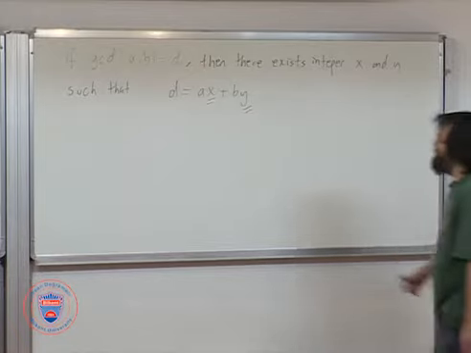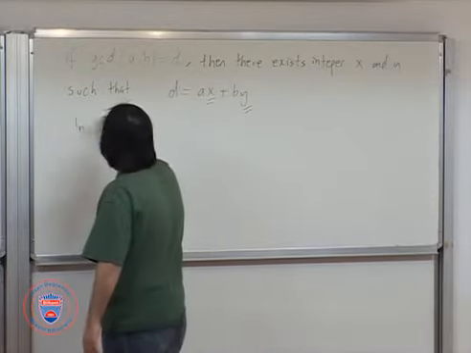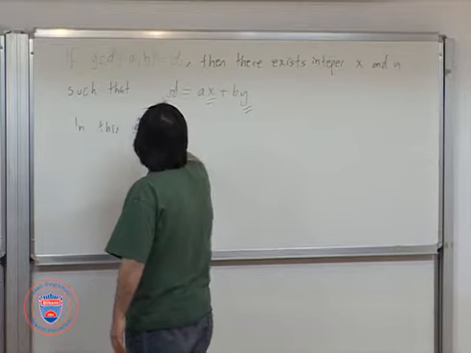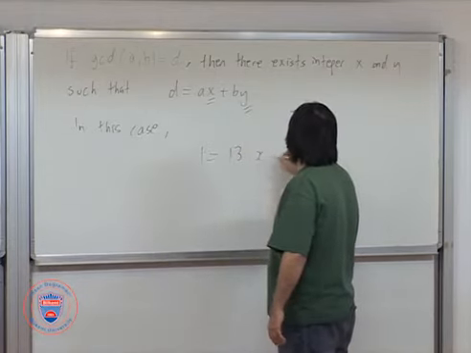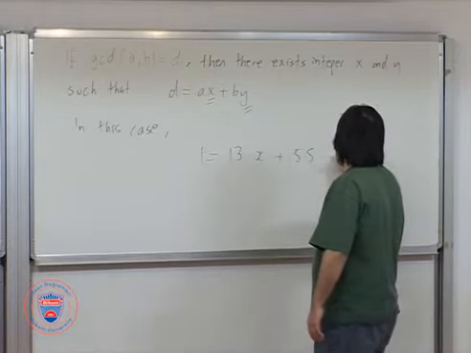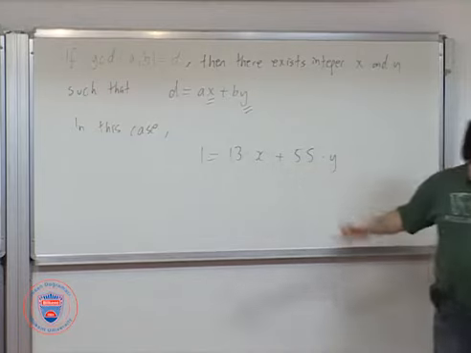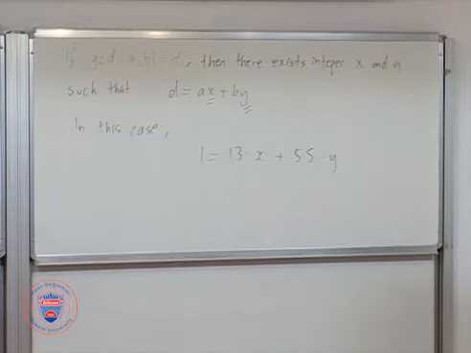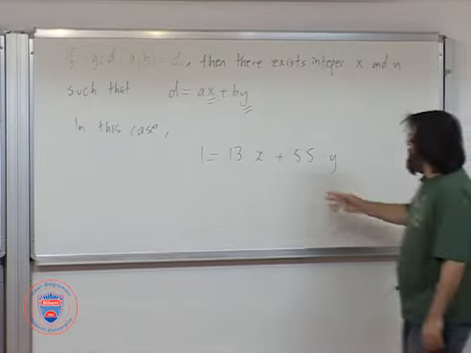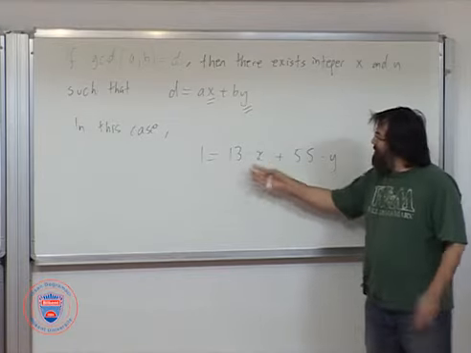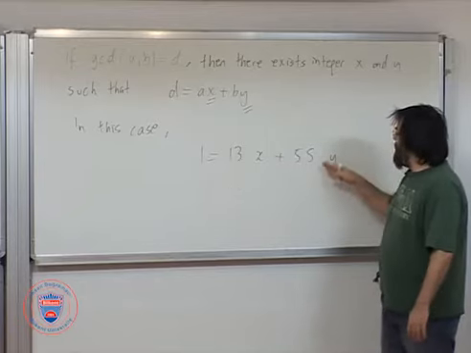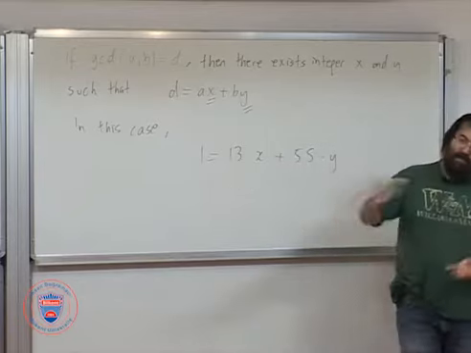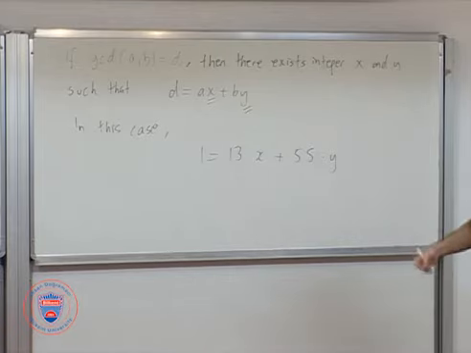So in this case, what we are claiming is that 1 is equal to 13 times some integer plus 55 times another integer. They can be negative potentially. So it will say use the 13 ounce container x times, and then use the 55 ounce one y times, to add and subtract and so on to get 1 ounce.